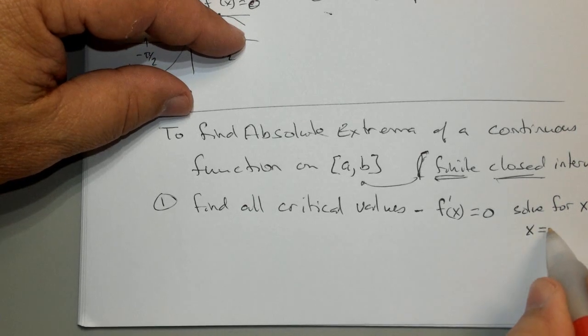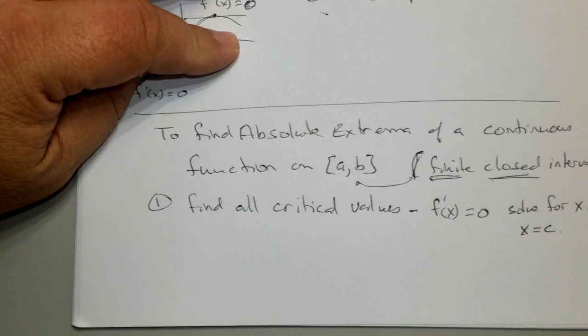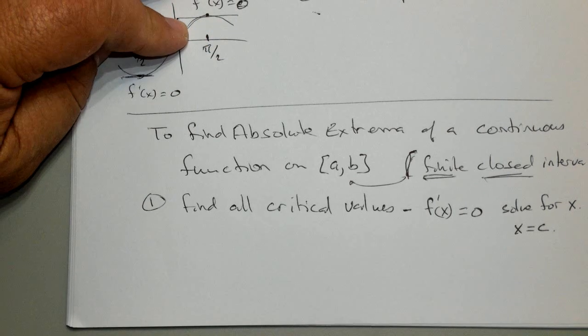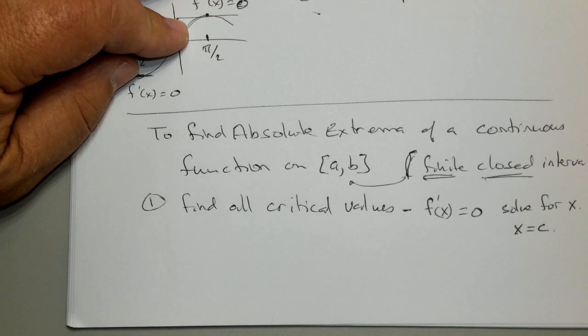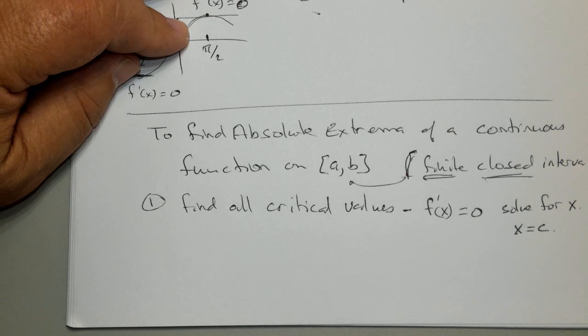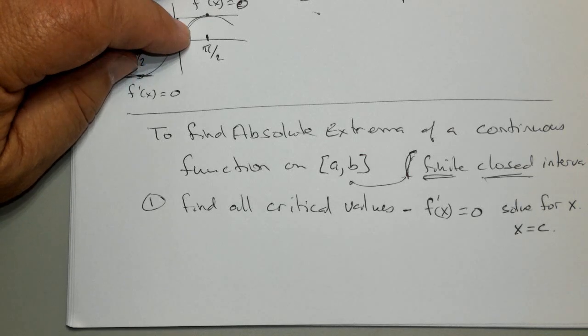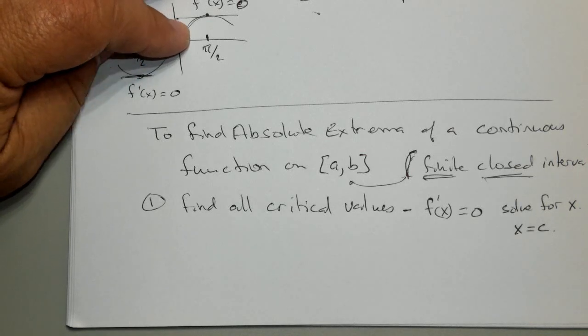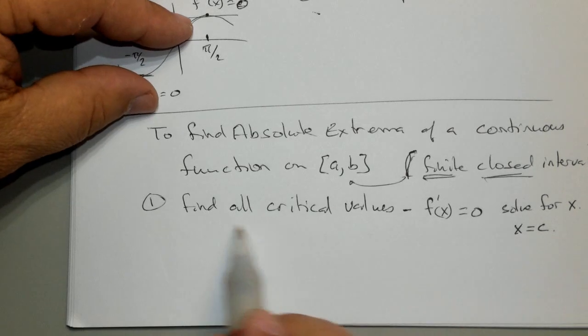At that point, that is x equals c. The x values that make the first derivative equal 0 are our extreme points. These will be maximums or minimums. So let's first find all the critical values.